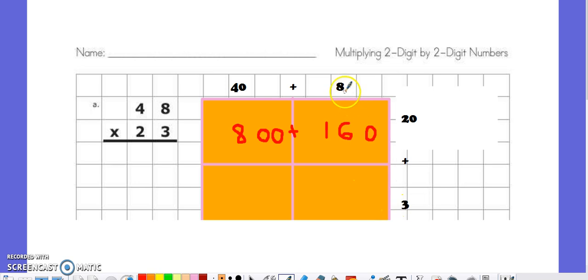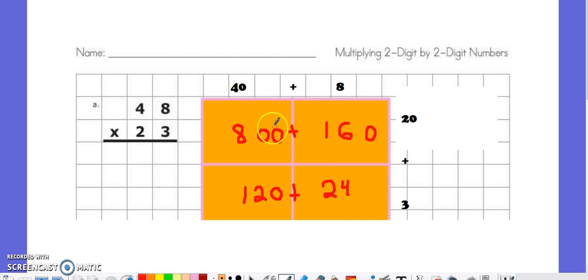Multiply the ones again. 8 groups of 3 is 24. And 3 groups of 40 is 120. Now, the nice thing about having these different numbers all nice and neat laid out for you is you can start to try and combine numbers.